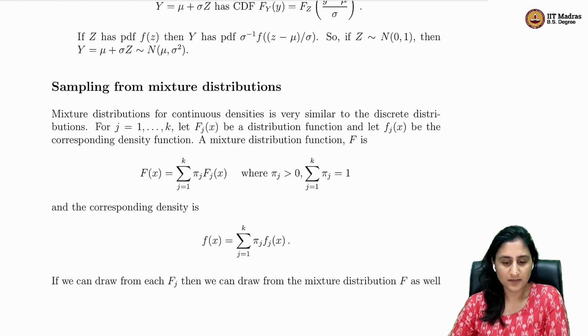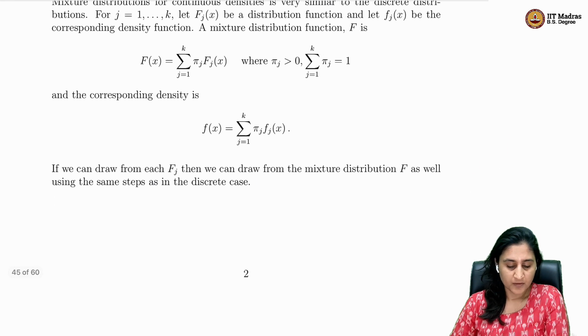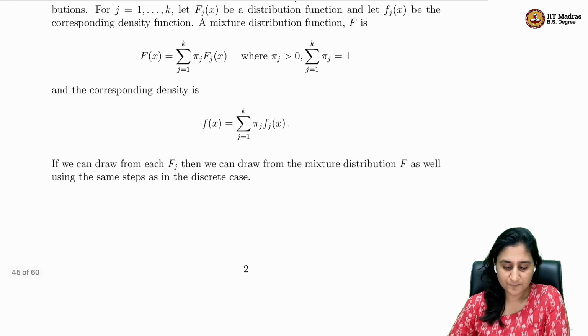Okay, this is the idea. We've done this before in a similar form, but for discrete random variables. Now the corresponding density is f(x) equals summation j going from 1 to K of pi_j f_j(x).